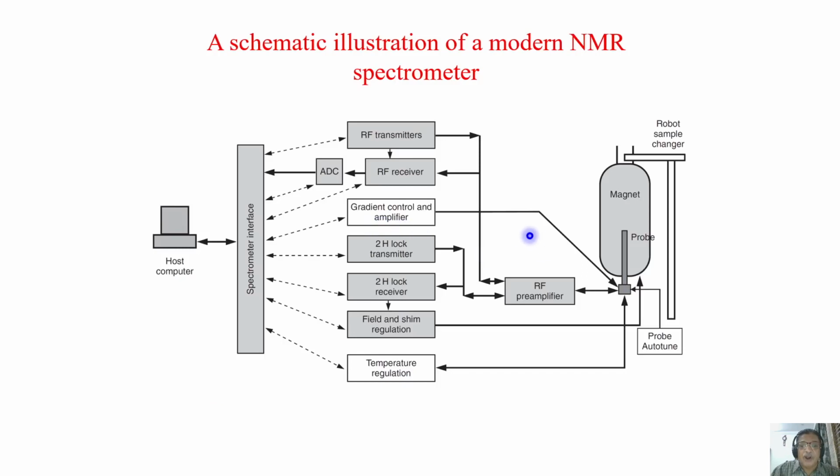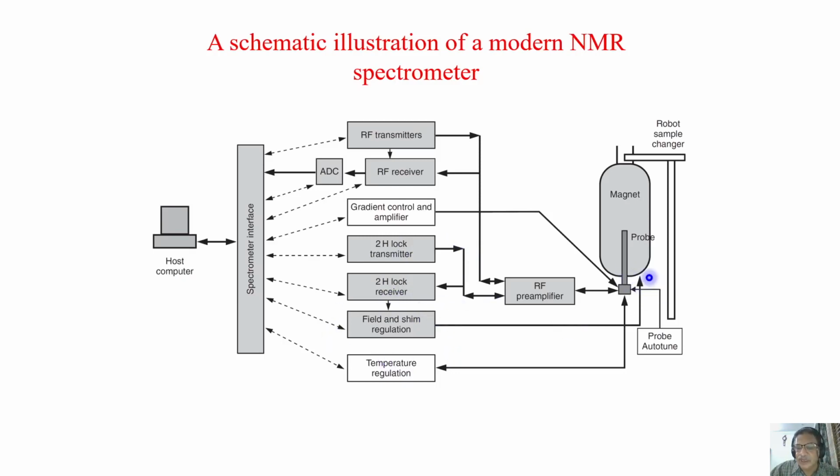Of course, a major important component of the spectrometer is the gradient control. Most important is the 2H lock. We have a deuterium lock to prevent the field from drifting. We have a lock transmitter, a lock receiver, and importantly, we have field shim regulation.